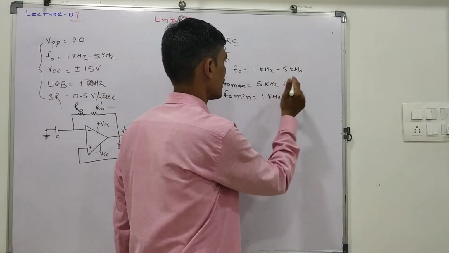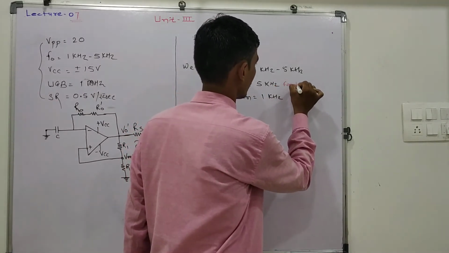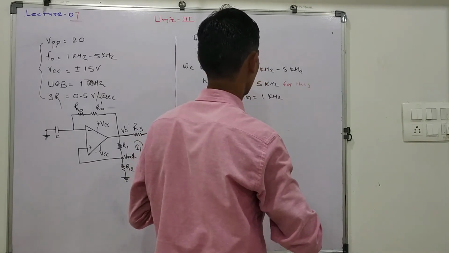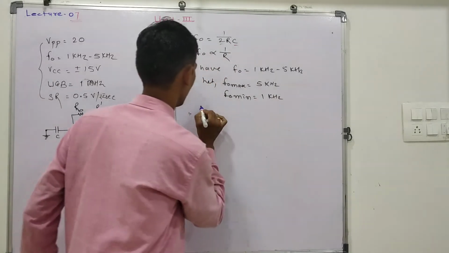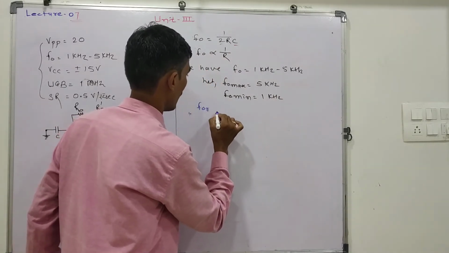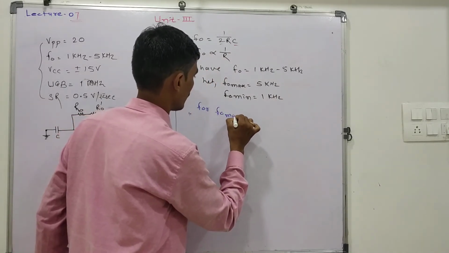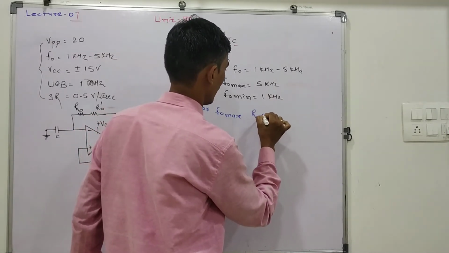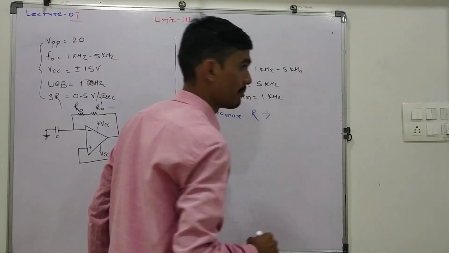So for F0 max, R is nothing but R minimum.